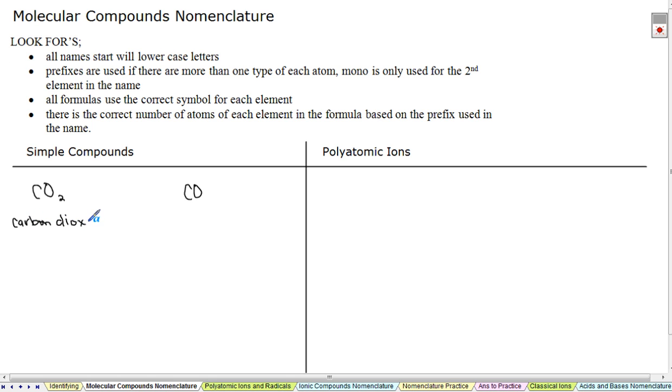carbon dioxide. And carbon will bond with one oxygen, and this is carbon monoxide. Now, each of these has different chemical properties. Carbon dioxide, we breathe it out. You're breathing it out right now.